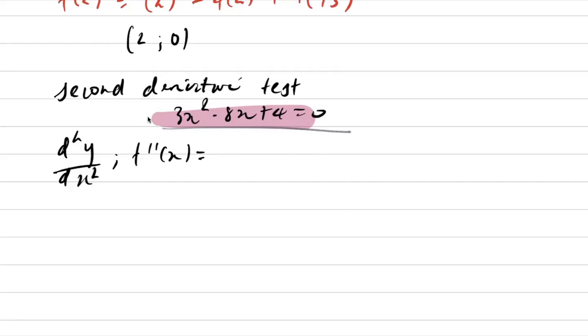It will be 6x minus 8. Minus 8. Can you see my linear function? This is a gradient, and then this is a constant in a sense. Okay, so it kind of makes sense that way.